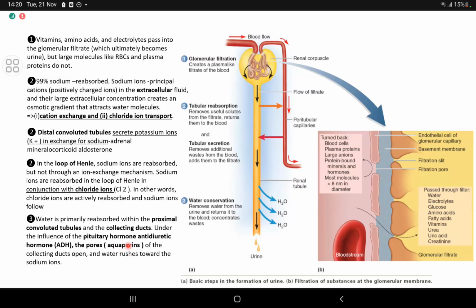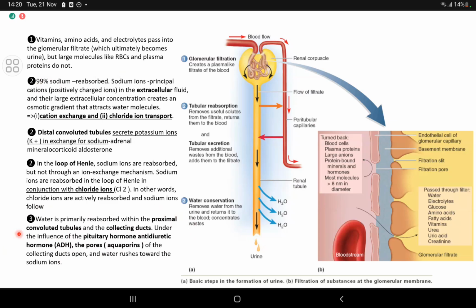How about the proximal convoluted tubule (PCT) and collecting duct? Normally, ADH contributes there. So from there, I think you know already, isn't it? When the drug acts on ADH, normally we focus on the proximal convoluted tubule and collecting duct.